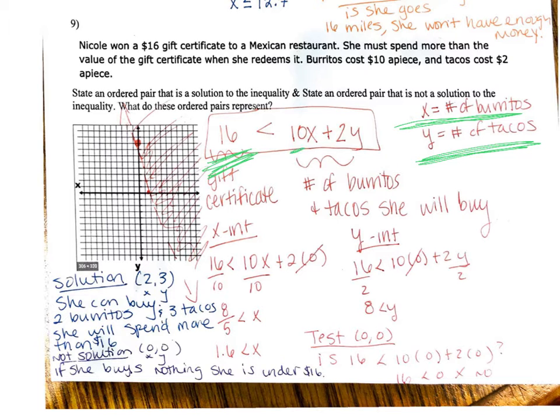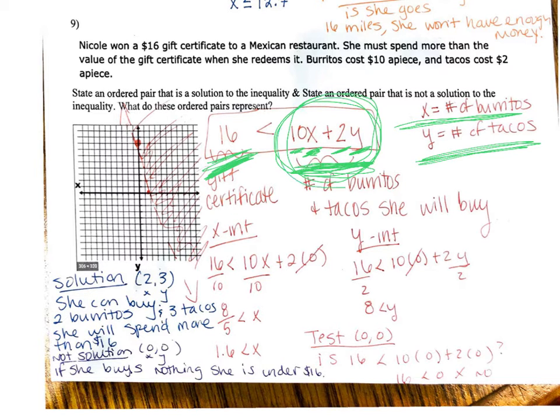So the cost of a burrito, 10x, because x is a burrito, plus the cost, $2 for every taco, y. So the left side is the number of burritos and tacos that we're going to buy. And on the other side, it's the amount on the gift card. So what we're going to buy, they said, must be more than what's on our gift card.